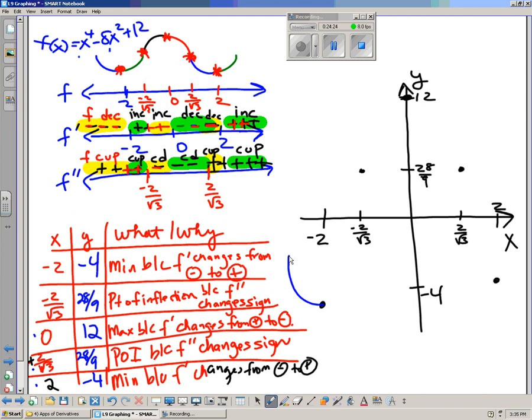From negative 2 to negative 2 over root 3, we have the increasing concave up curve. Then we have the increasing concave down curve. Then we have the decreasing concave down curve. Then we have the decreasing concave up curve. And then we have the increasing concave up curve.